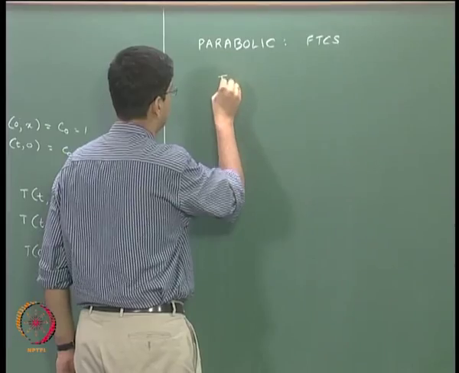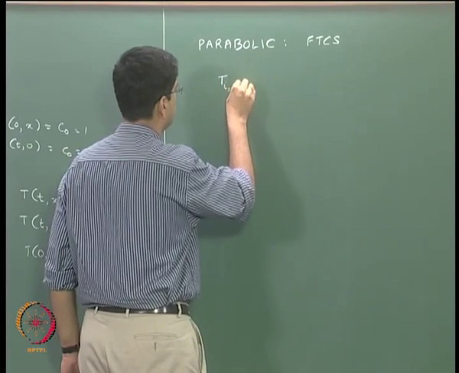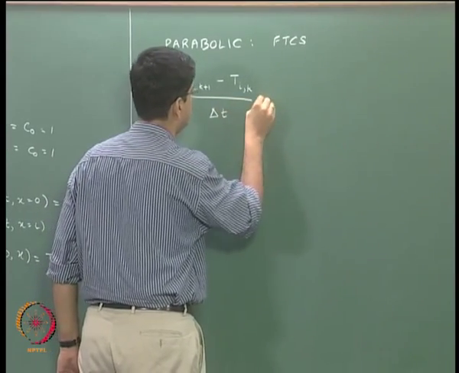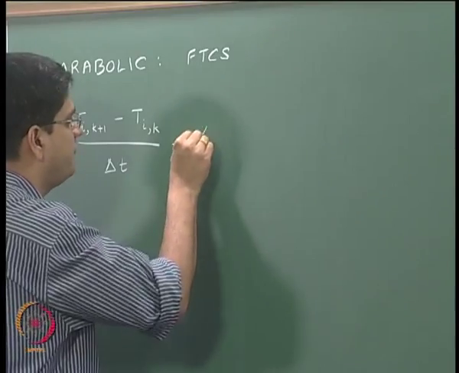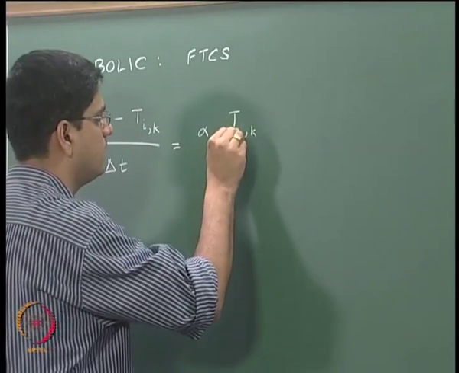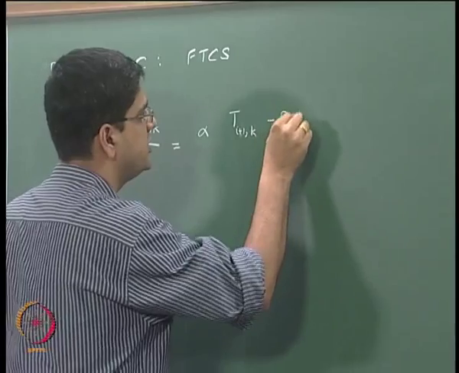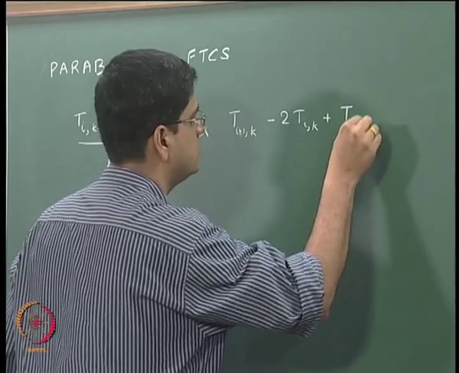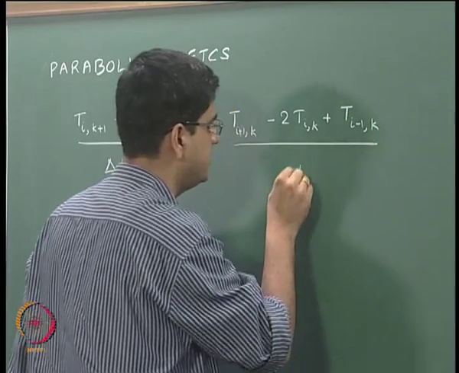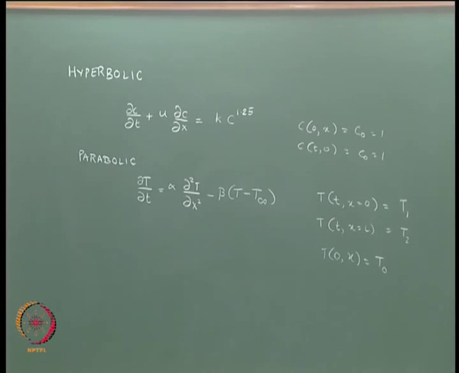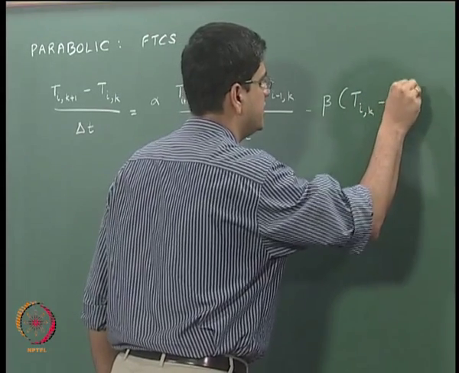That is (T_{i,k+1} minus T_{i,k}) divided by delta t equal to alpha multiplied by (T_{i+1,k} minus 2 T_{i,k} plus T_{i-1,k}) divided by delta x squared, minus beta times (T_{i,k} minus T infinity), okay.